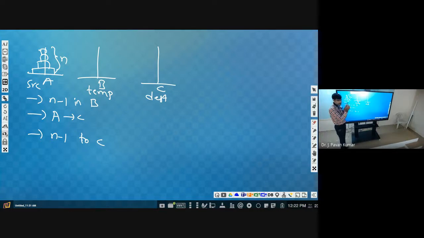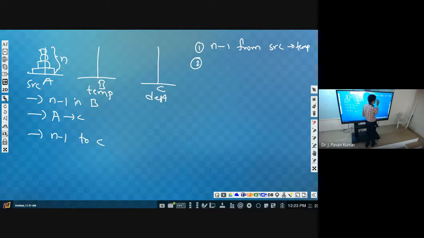What are the steps? Now you tell. The first step: n-1 boxes we have to move from source to temporary. Next, the second step is source to destination directly.